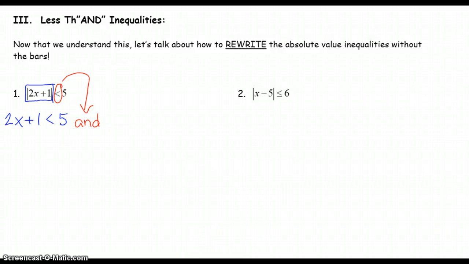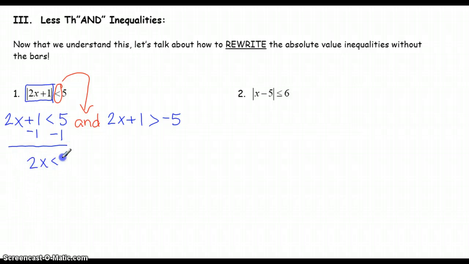All right, now let's go ahead and write our other inequality. The second inequality, 2x plus 1, but we have to flip our sign when we make this value negative. Now we have our two inequalities and we can go ahead and solve both of them. Subtract 1 from both sides.